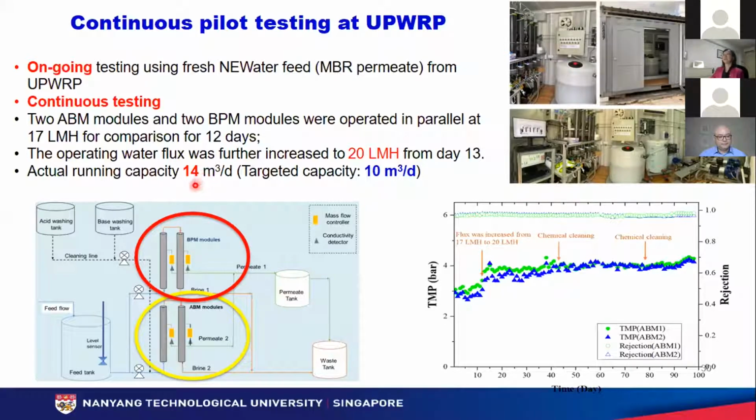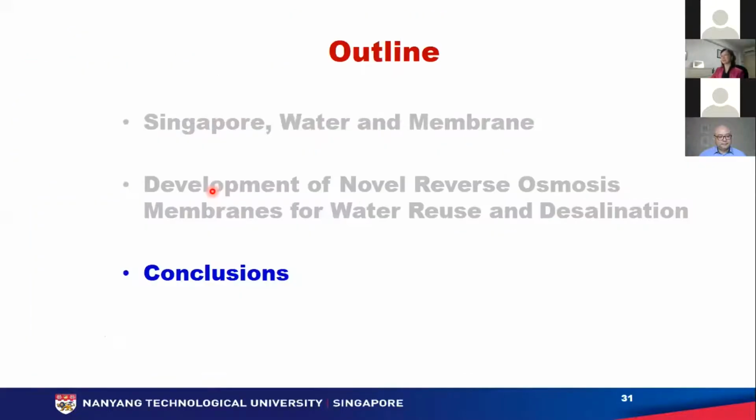This is 14 cubic meters per day, the capacity we are running currently on site. After this, 6 months later, we will build a 100 cubic meters per day capacity, another big pilot testing on site, to further demonstrate the applicability of our biomimetic membranes for real application.